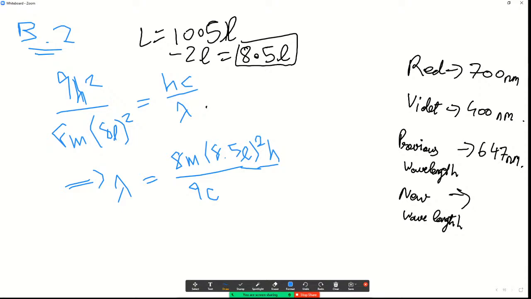But previously H was in the denominator. Now it became the numerator. I think your expression is a little bit wrong. Oh, is it? Yes. C would be in the numerator and H would be in the denominator. Oh yeah.